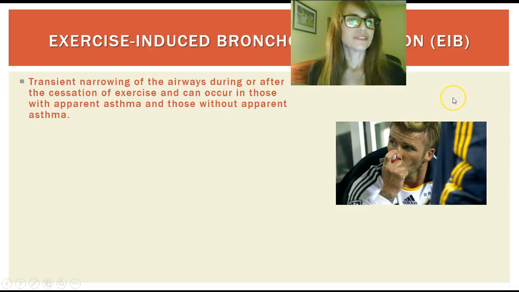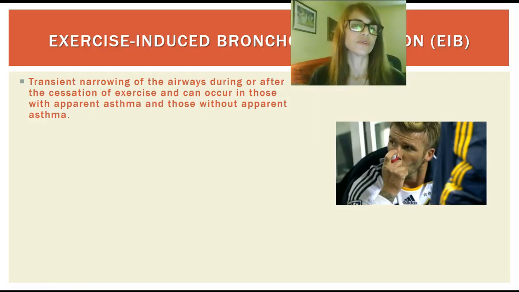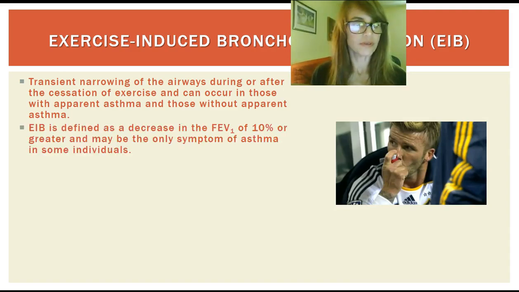It's a transient narrowing of the airways during or after cessation of exercise and can occur in those with apparent asthma and those without apparent asthma. And so exercise being the trigger usually happens at higher intensities. So you may see athletes exercise at high intensity, and that's an added risk.